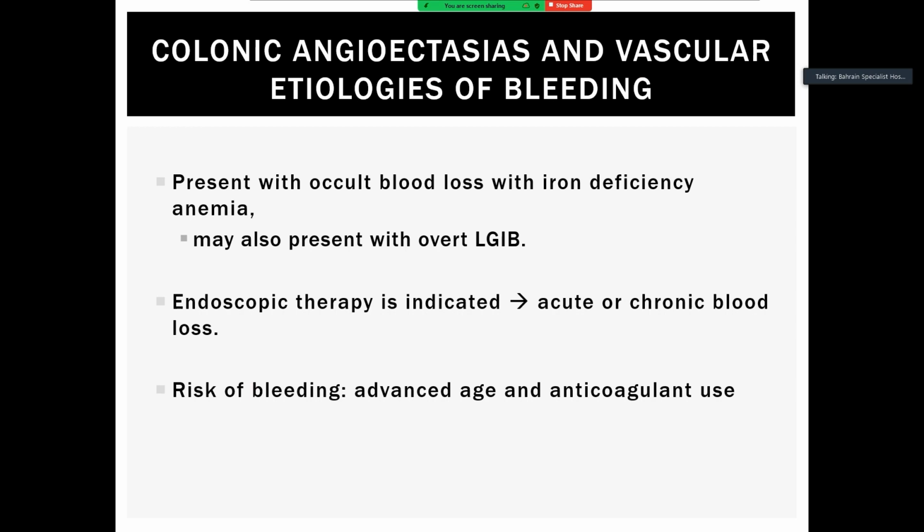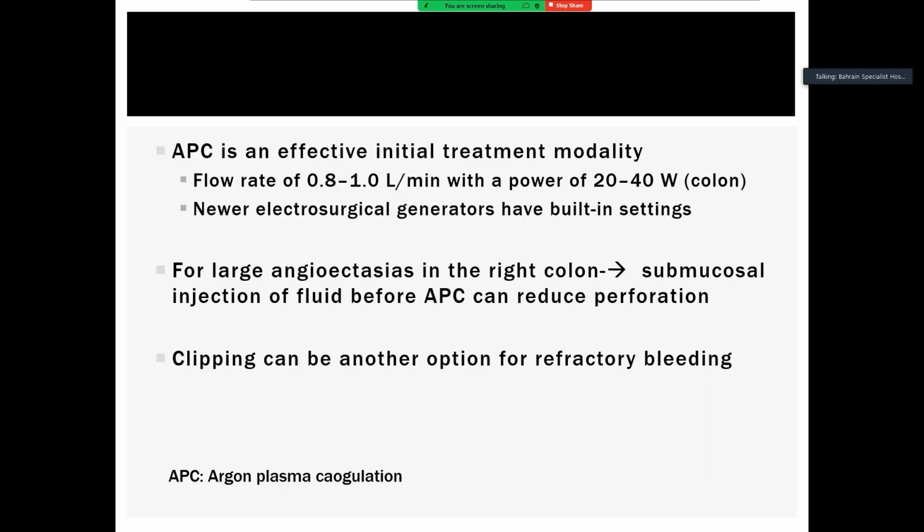The second commonly seen cause of bleed is colonic angiectasias and vascular etiologies. These patients usually have slow occult bleeding and present with iron deficiency anemia. Commonly affected are those of advanced age and patients on anticoagulants. The preferred method is argon plasma coagulation, a thermal coagulation that is very effective.